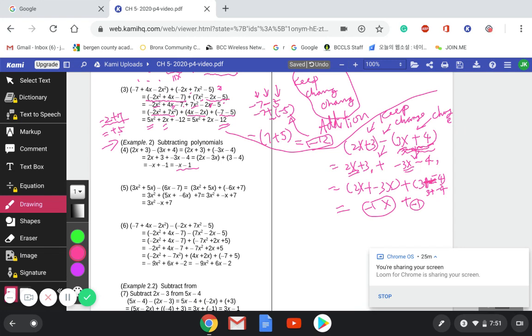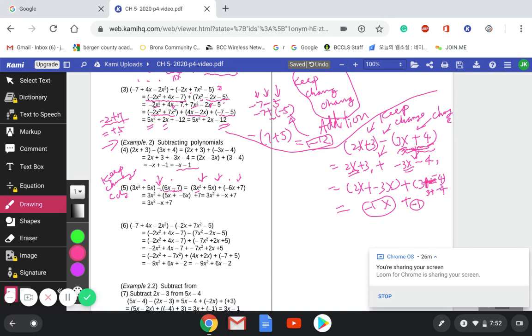Now again, another example, 3x squared plus 5x. Again, you have a minus and a second term. So you have to do keep, change. So you keep this, change minus to plus, change 6x to negative 6x, minus 7 to plus 7. And then you combine the like terms.